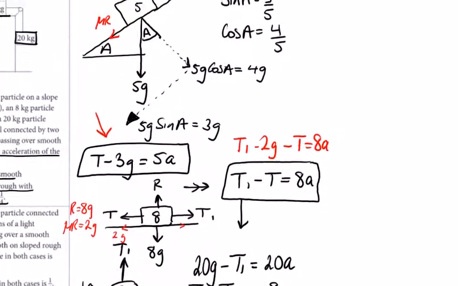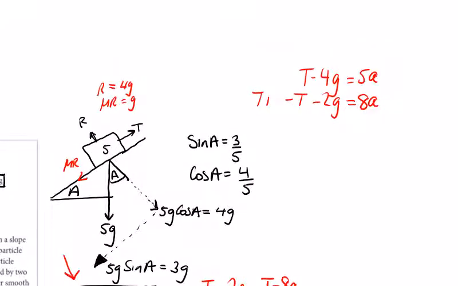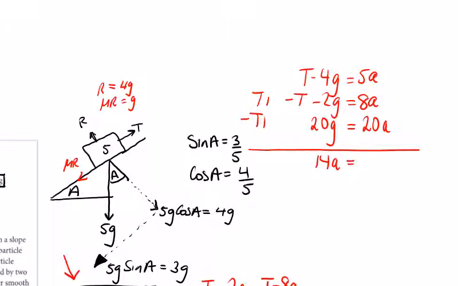And 20g minus T1 is equal to 20a. We can see the T's cancel, and we're going to be left with 14g is equal to 33a. So a is going to be 14g over 33 meters per second squared.